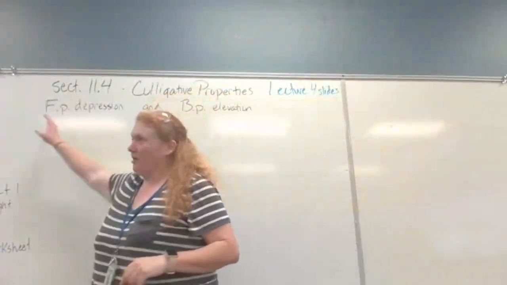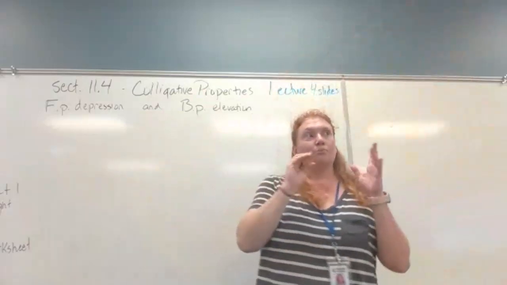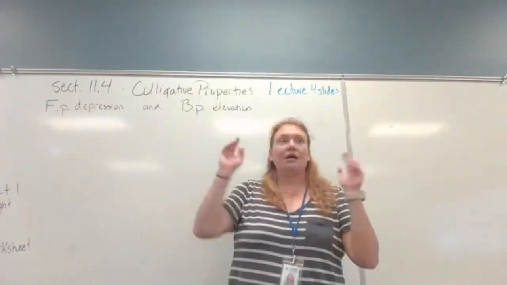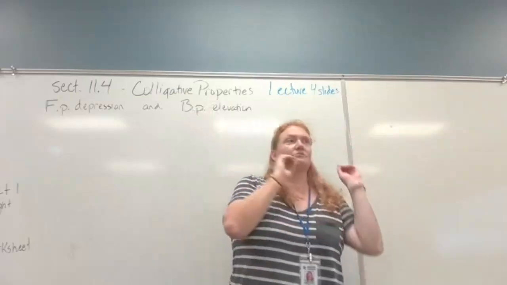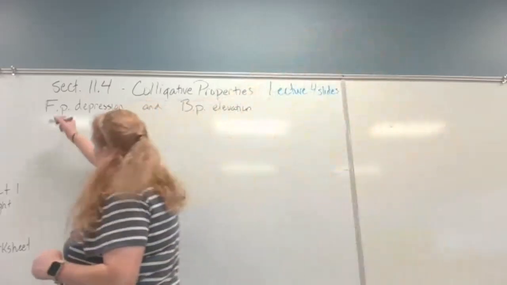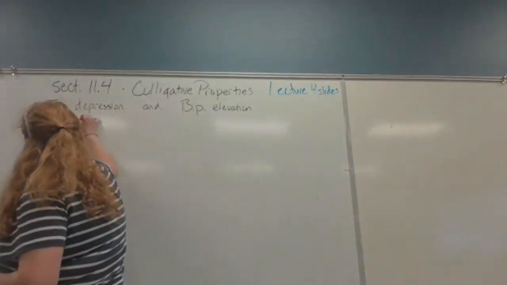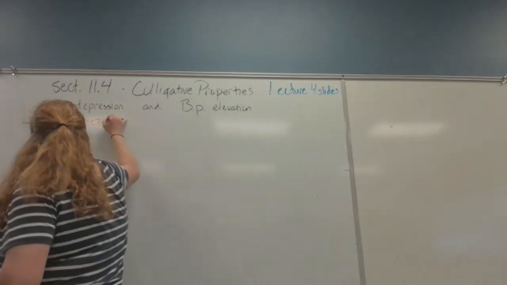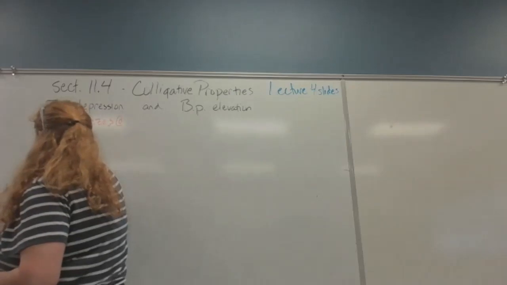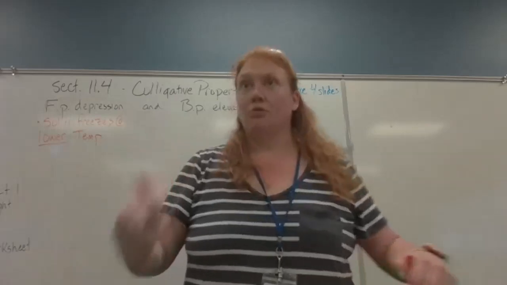So the other two colligative properties that we're going to look at are the freezing point of a pure solvent versus a mixture, and the boiling point, pure solvent versus a mixture. Freezing point depression, like we said: a solution freezes at a lower temp than the pure solvent would.